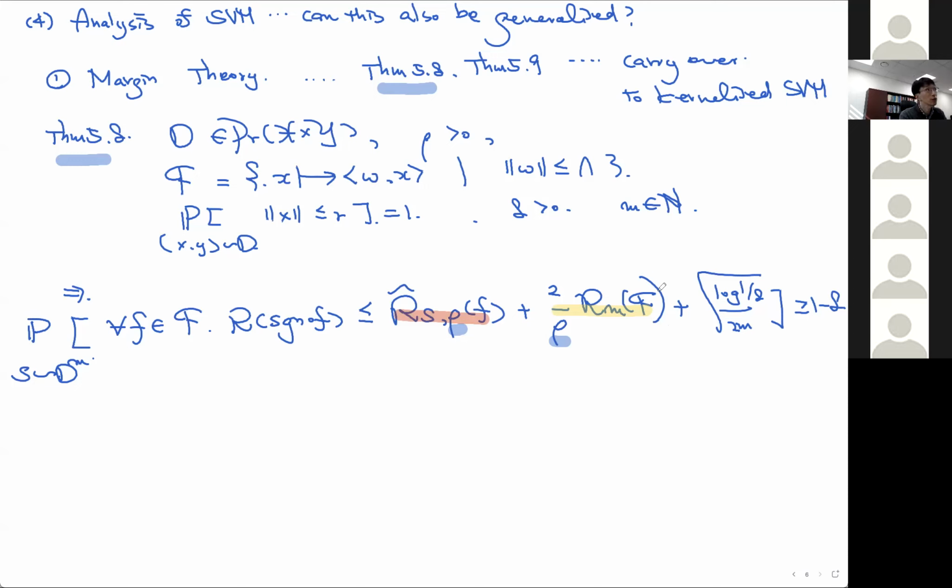Now it turns out this type of theorem can be generalized to the setting of a kernelized support vector machine. So that is a theorem, well, I think it's Corollary 6.13. In the generalization, which part is changing?